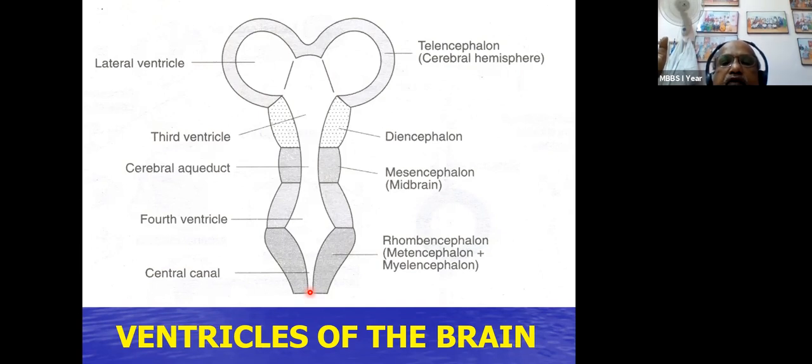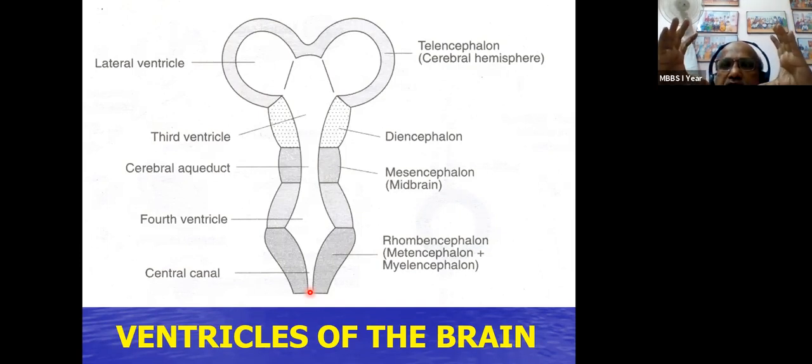Very important for your MCQ. For introduction also it is important. Now you should have a mental picture. Two cerebral hemispheres are there on either side. If you go to the median plane, we have thalamus and hypothalamus. Continuing down, mesencephalon, that is your midbrain. Then your metencephalon, pons and cerebellum. Next your myelencephalon, medulla.